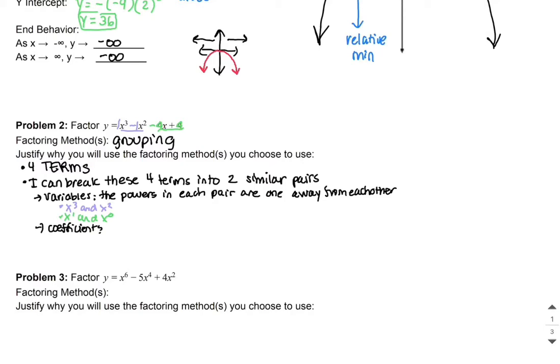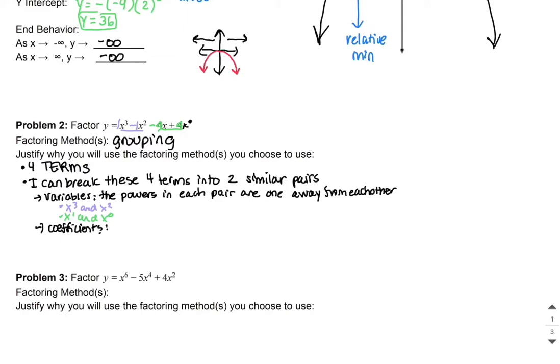Remember this is technically x to the 0th power, so it is technically a coefficient. I can see that their absolute value is the same, but they're opposite signs in each pair.